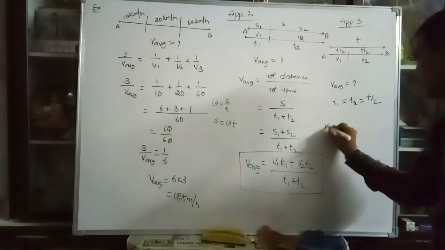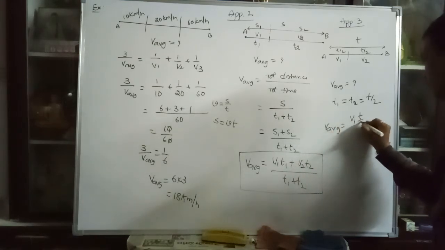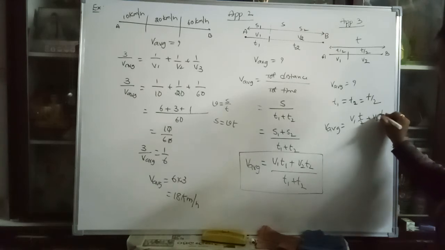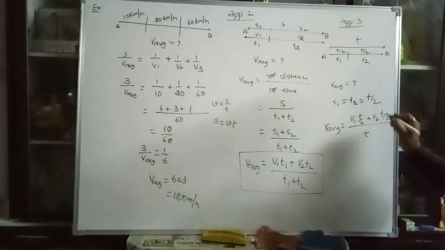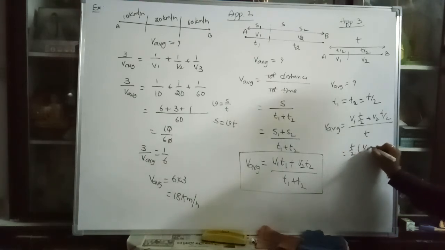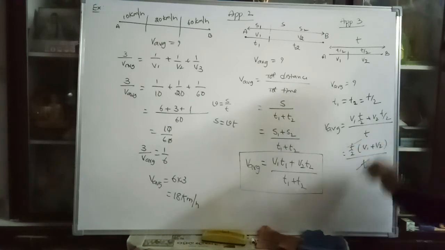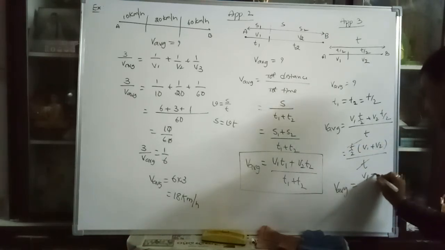Substituting in this equation, v average is v1 into t by 2 plus v2 into t by 2, divided by t by 2 plus t by 2, which is t. In the numerator, t by 2 is common, giving v1 plus v2 by t. The t in numerator and denominator cancels. Then the average speed of the particle is v1 plus v2 by 2.